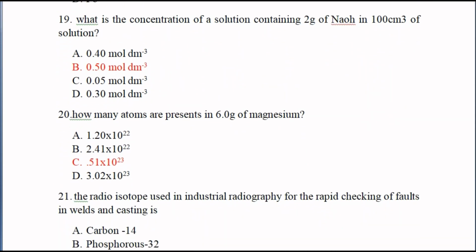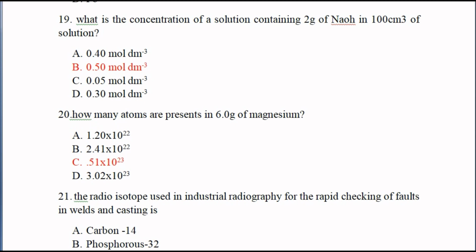Number 20. How many atoms are present in 6.0 gram of magnesium? Very simple. You should know Avogadro's number, which is what is always present in 1 mole of elements.